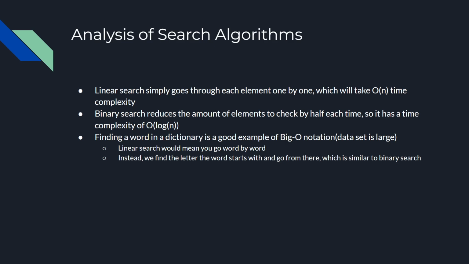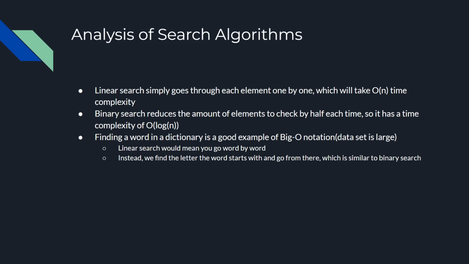So now for the analysis of search algorithms, and here we'll just talk about how efficient each search algorithm is. Linear search goes through every single element, which obviously means that as every single element in your array list or array is searched, it'll take O of n time because it goes through every single element one time.